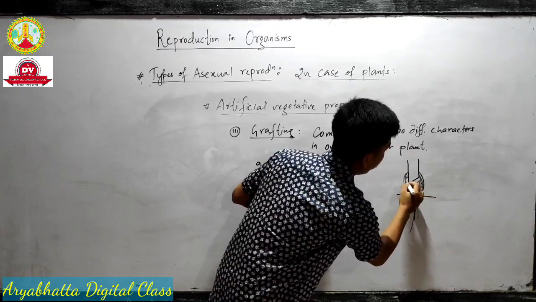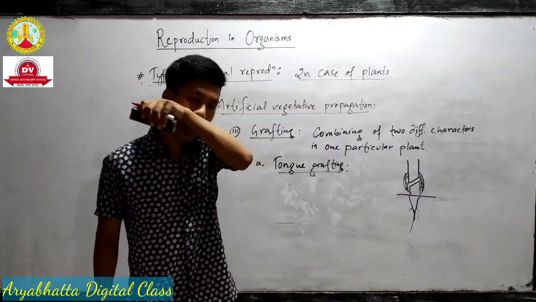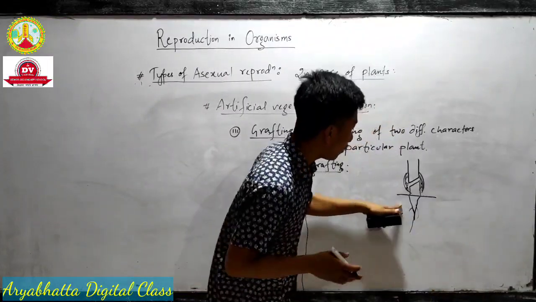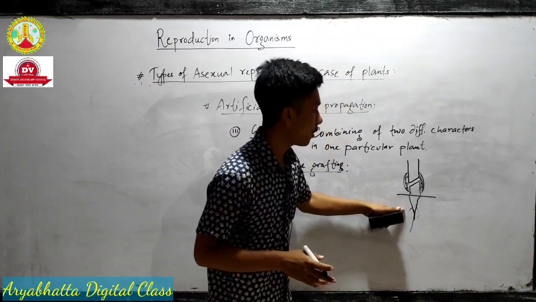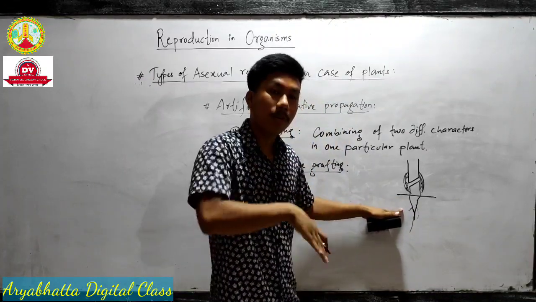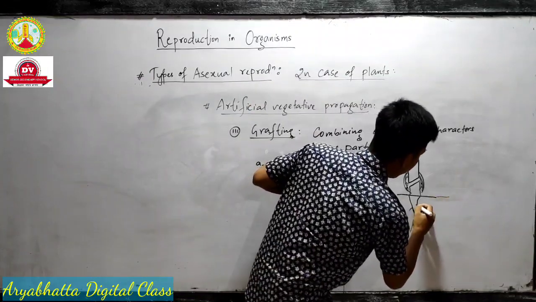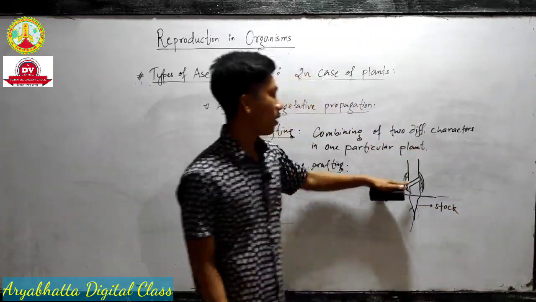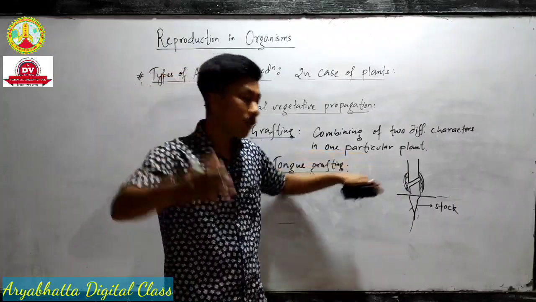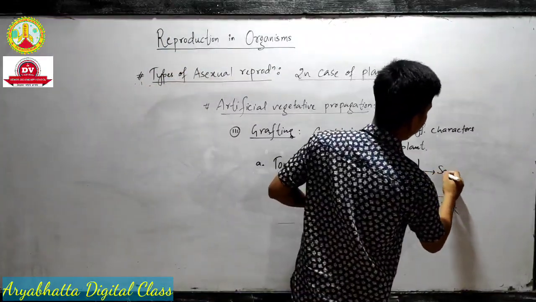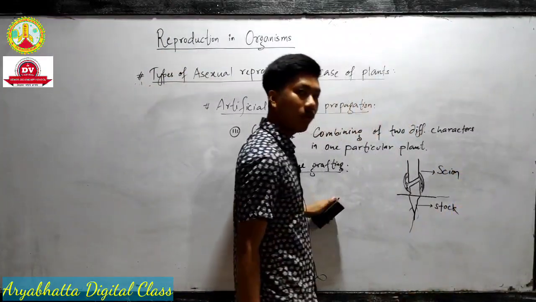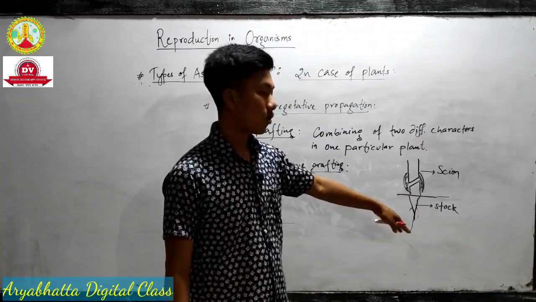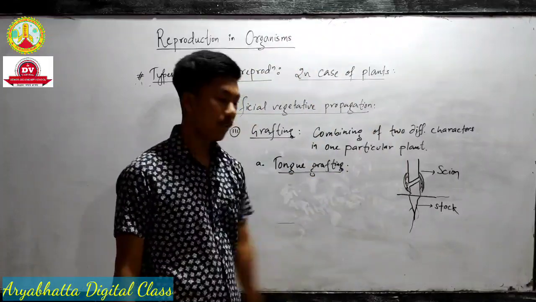Now, the structure which is present below the ground region we call the stock, and the structure present above the ground region we call the scion.